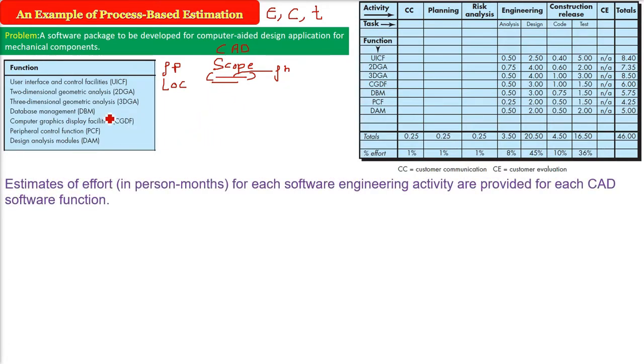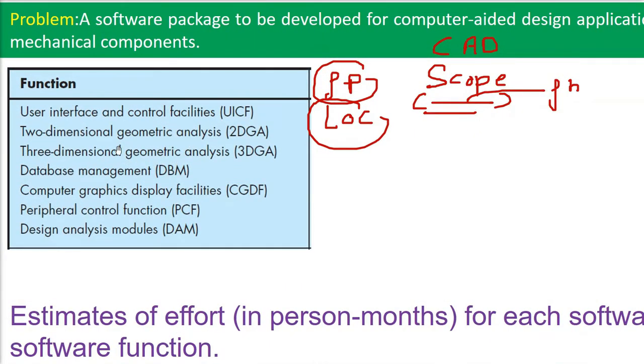From scope we came to function. I'm just saying that for this particular problem, we have already defined the functions. I assume that all things have been done. So from scope, size, and this size, the base is we are using process. So ultimately the main key is the functions. These are the broad and major functions that we need to implement.